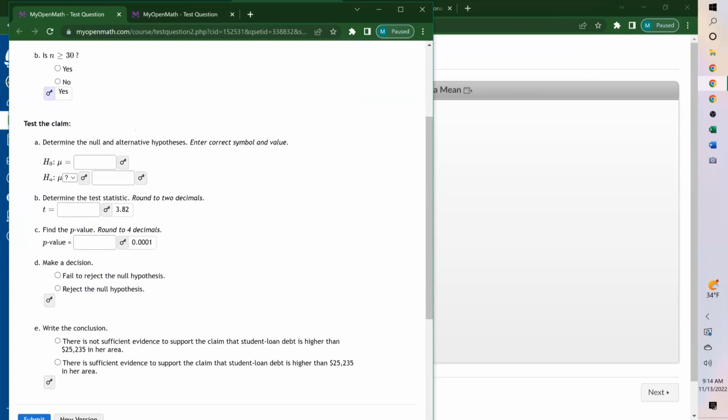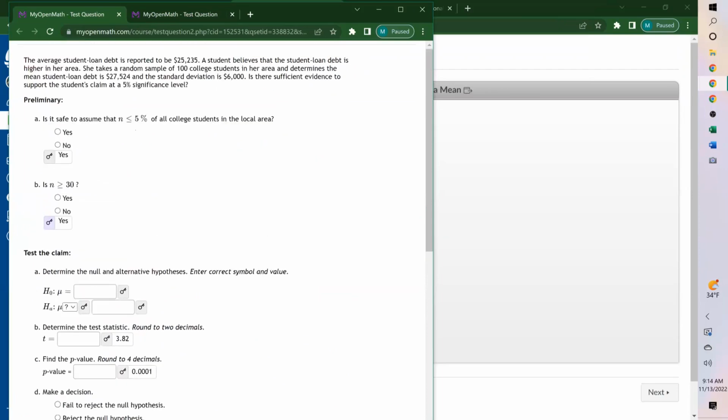Enter correct symbols. Our mean is 25,235, so this would be mu equals 25,235. This is the same value except whatever you're testing. The student believes it's higher in her area, so this would be greater than.